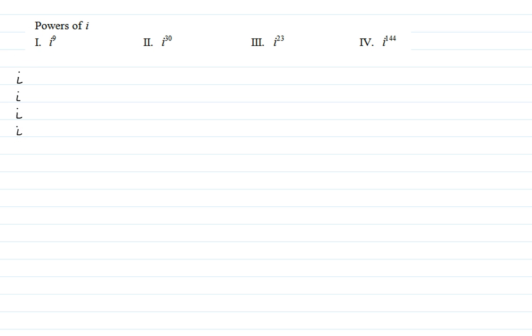If we have i to the power of 1, it's just i. i squared is going to be -1. i to the third is really just i squared times i, and so we just said that i squared is -1 times i, and so this is just -i.